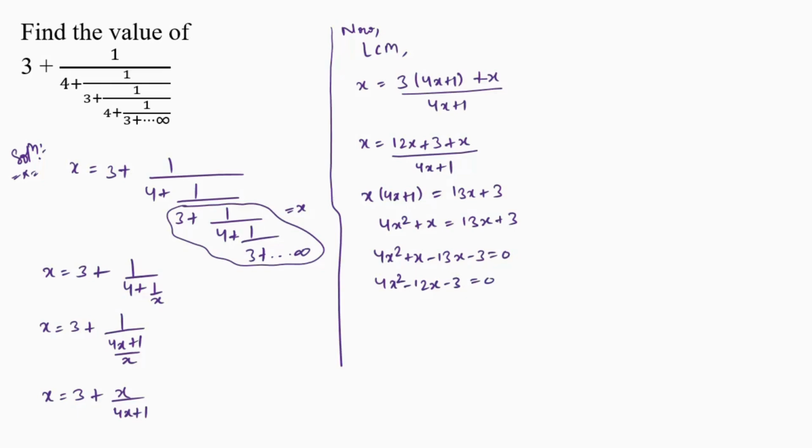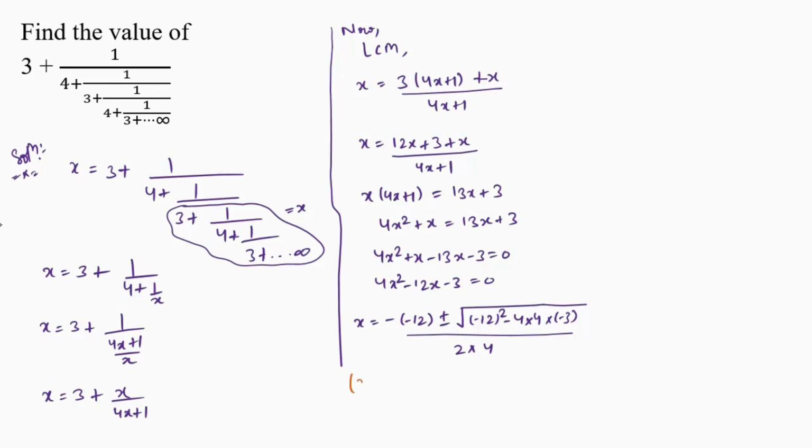Now to find the value of x, let's use the quadratic formula, which is x equals minus (minus 12) plus minus under root (minus 12) square minus 4 times 4 times (minus 3), divided by 2 times 4.